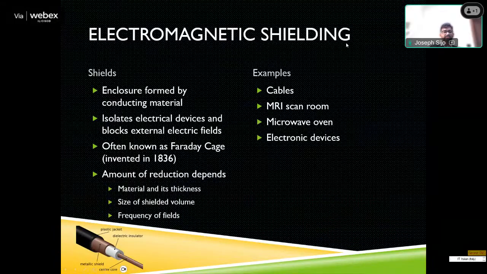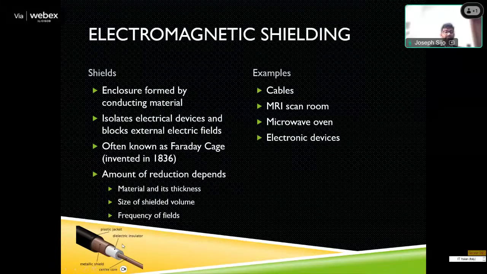So, electromagnetic shielding. As we know, an enclosure formed by conducting material isolates electrical devices and blocks the external electrical field. If you keep a Faraday cage or an enclosed cage, we can avoid even the electromagnetic interference.